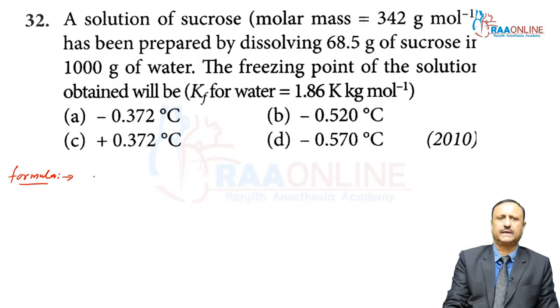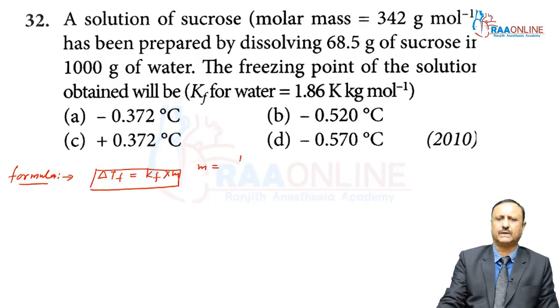My dear students, here we can see the formula and concept, because here he wants the freezing point of solution. Then first of all, you can calculate delta Tf, that is Kf into small m, molality. And my dear students, what is the molality?